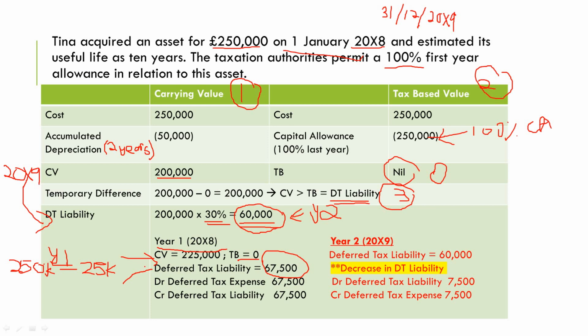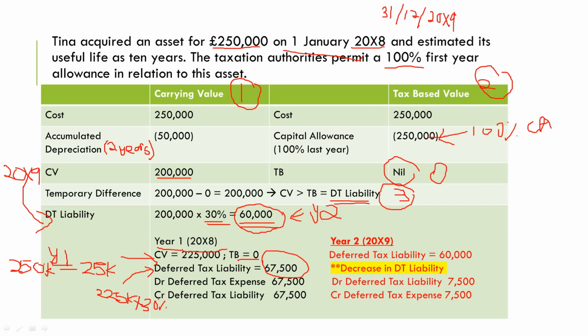So how do I get 67,500 here? You take 225,000, the difference, times the rate 30%. You get 67,500. So you debit your deferred tax expense and credit your deferred tax liability. So this is for the first year.